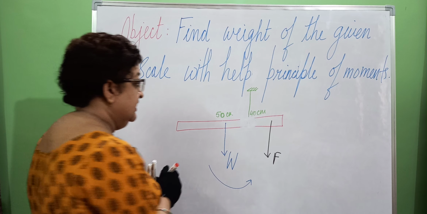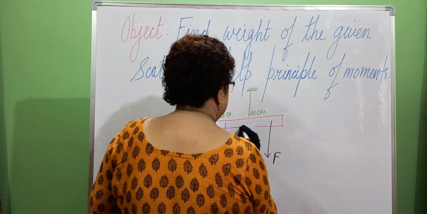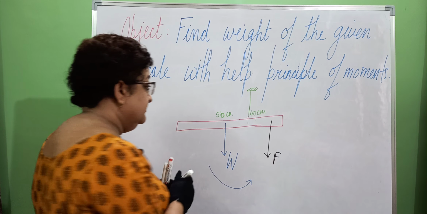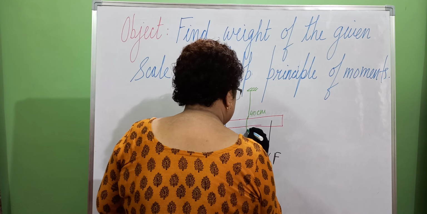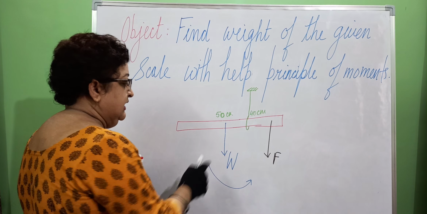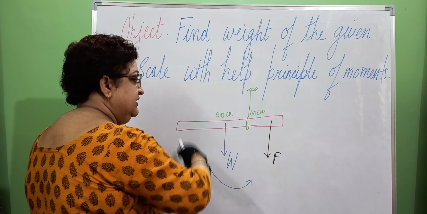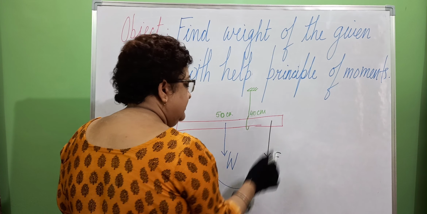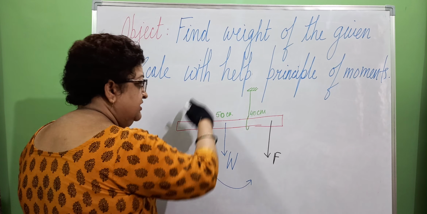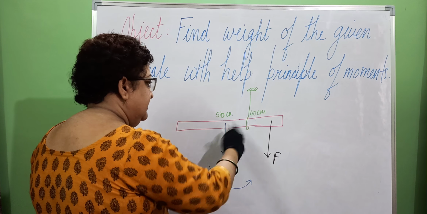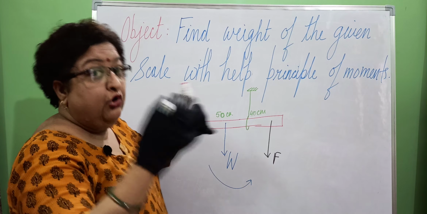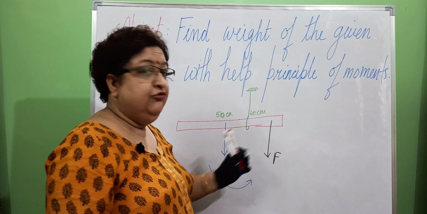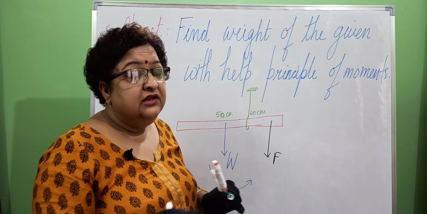Understand this point. This is a scale. This is your point of rotation. This force is trying to rotate it anti-clockwise, so apply some force on this side which will try to rotate it clockwise, and the two torques must be equal.